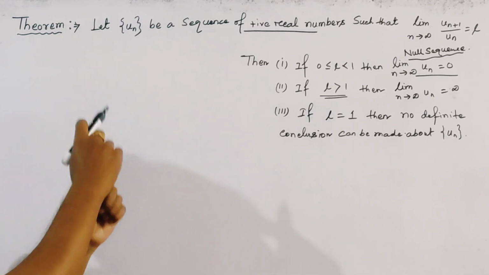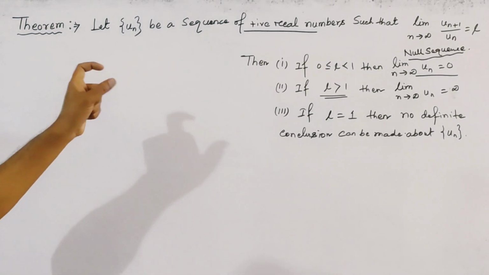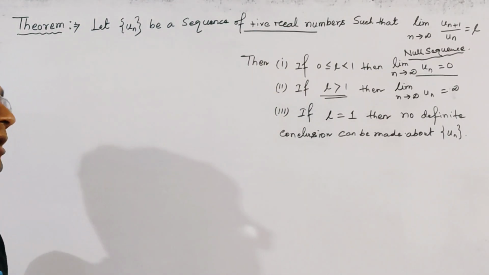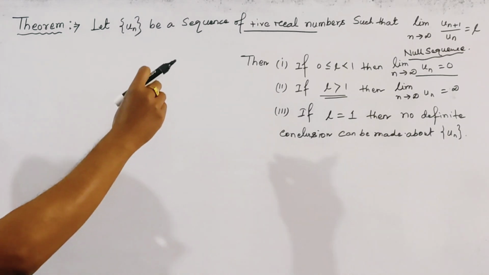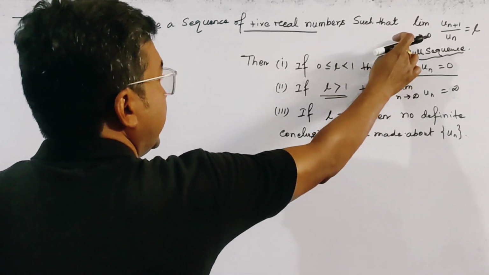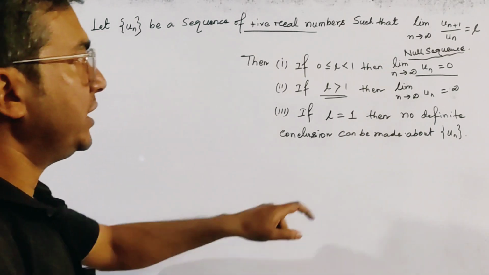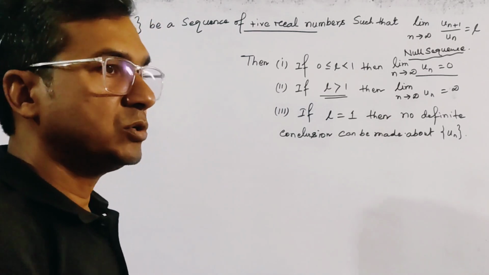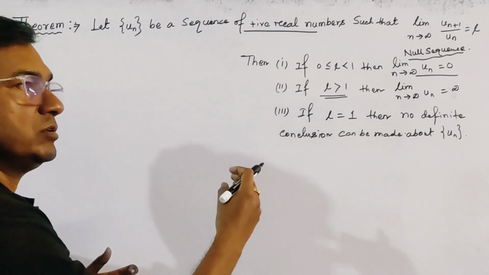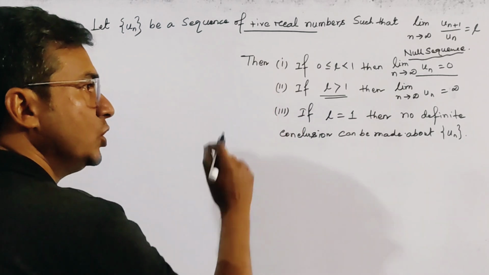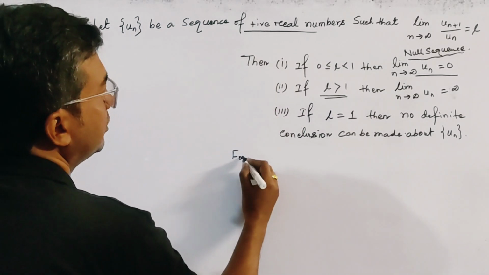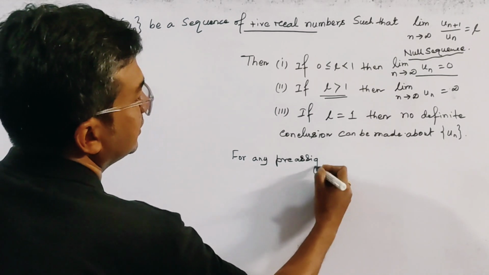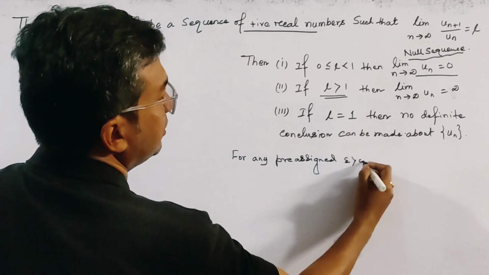After proving this theorem, we take some important examples, or some important applications of this theorem, one by one. Okay. To prove this case, we first let that, since limit n tends to infinity of un plus 1 by un is equal to L, from the definition of the limit of a sequence, we choose that for any pre-assigned epsilon greater than 0.